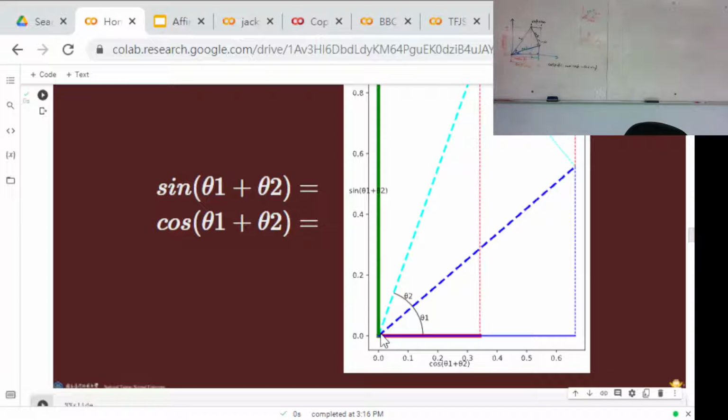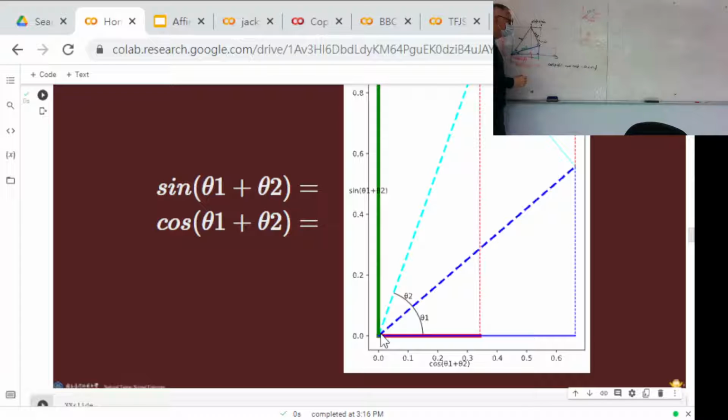And we can do the same thing for sine alpha plus beta. What would be sine alpha plus beta? Actually, I've shown it already. That would be this part here. So that contains two components. It's this part plus this part.